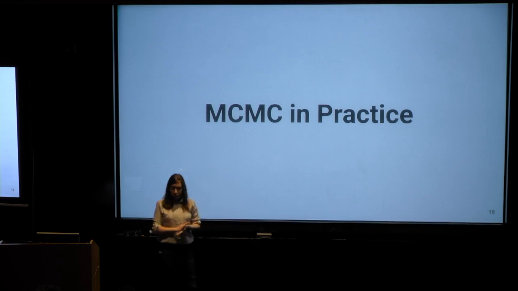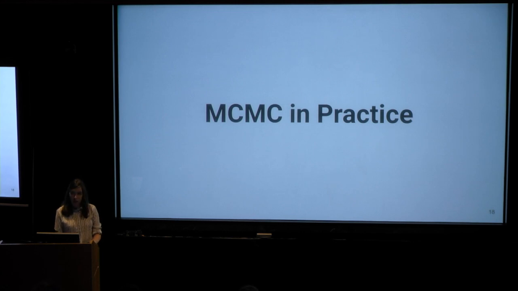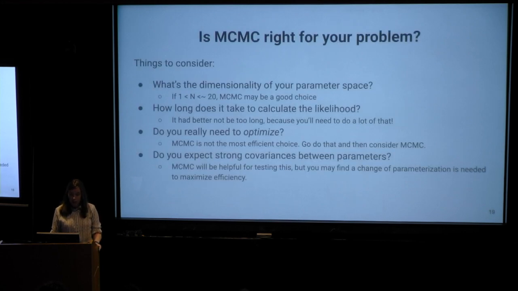I want to talk a little bit about what kinds of diagnostics you might want to do to see whether or not your MCMC is working and is giving you a representative posterior. So first of all, should you use MCMC at all? It depends on several things.